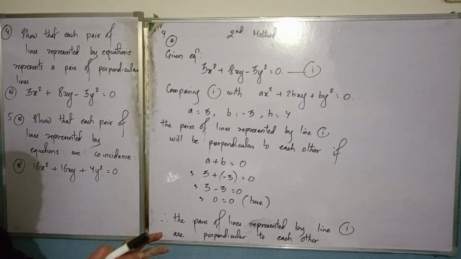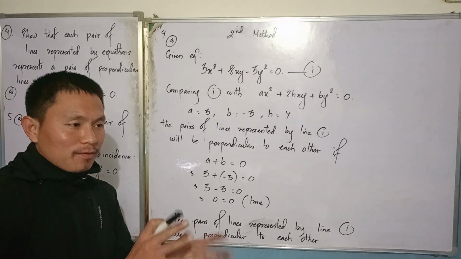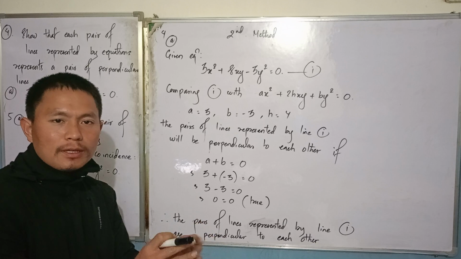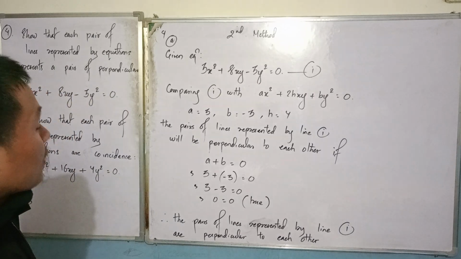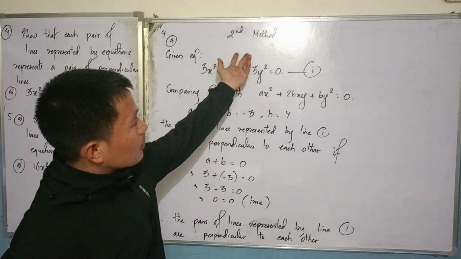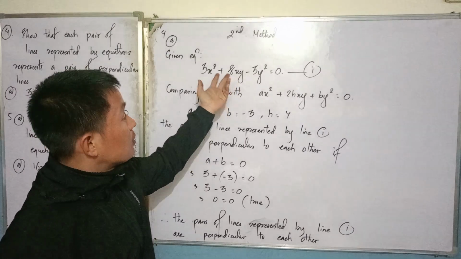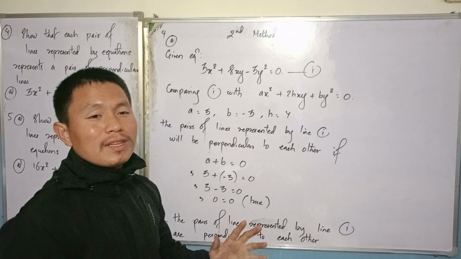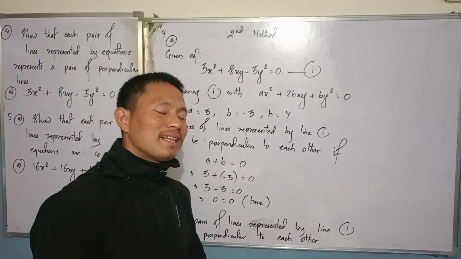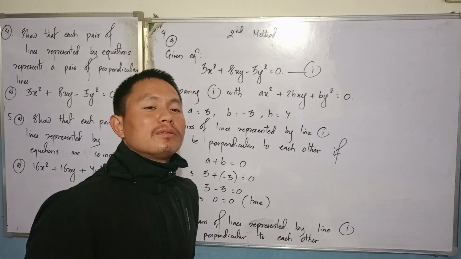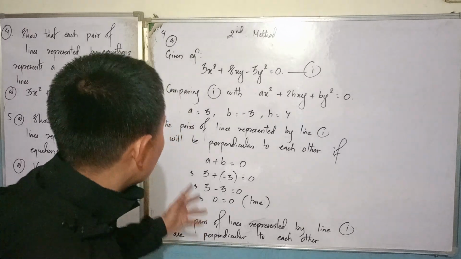In the first method, you first get the lines, find the slope, and use the condition asked in the question. In the second method, you compare the given homogeneous equation with ax squared plus 2hxy plus by squared, and you will get the values of a, b and h. Then apply the condition asked in the question. So this is how it is done.